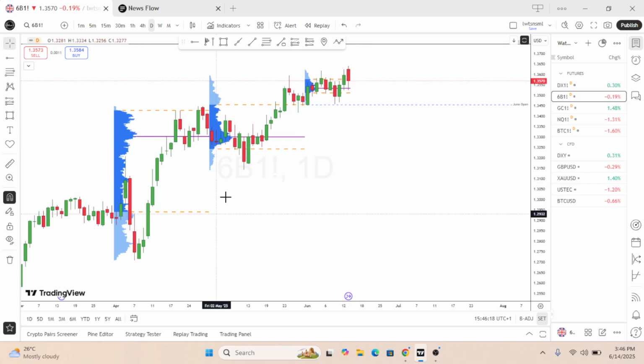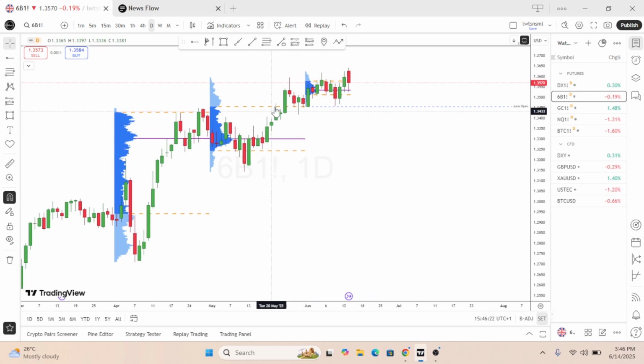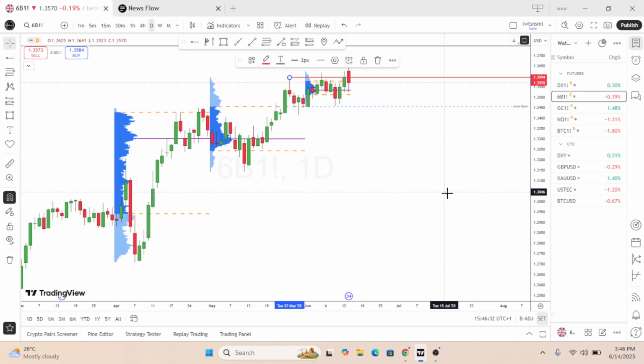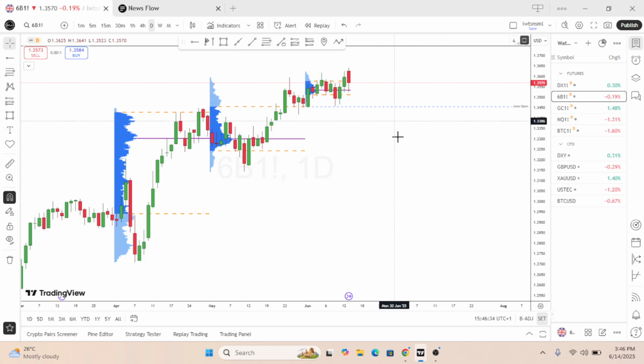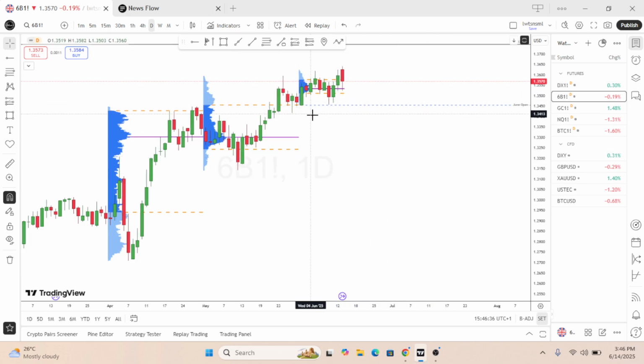And we see that we shifted value above, no inside candle for the pounds. We shifted value above and we closed outside value. And since the start of the month, even in the very first week, we rallied upward and traded into the previous month's high.